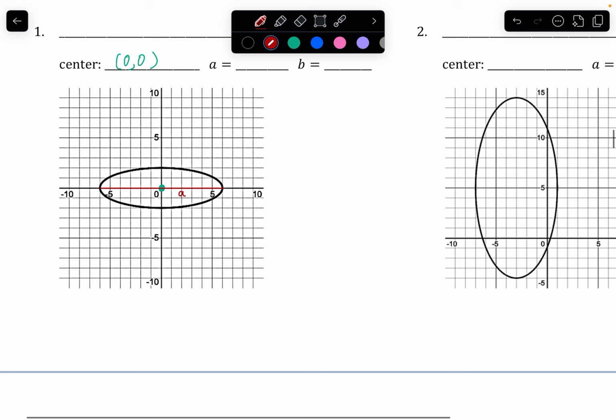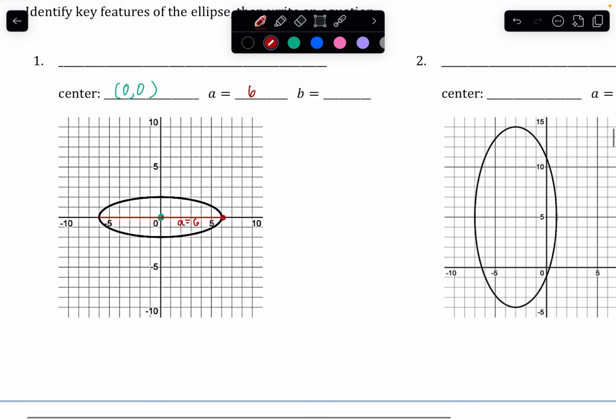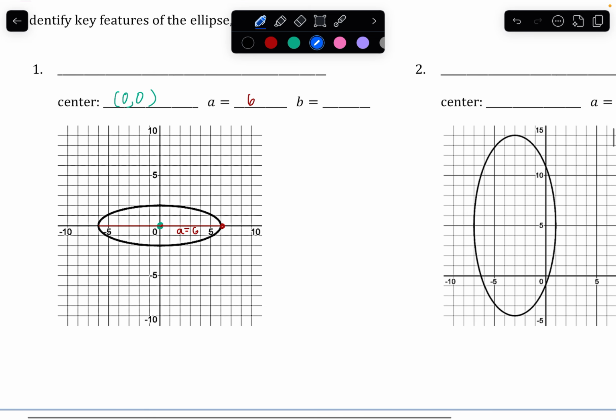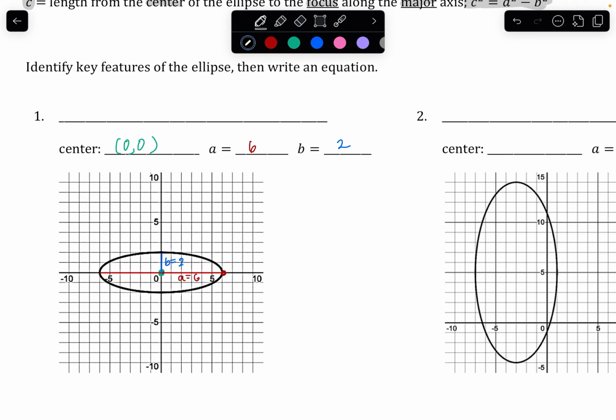And so my A value, distance to the vertex from center, is 6. So our A value is 6. That's going to be our horizontal distance, or our horizontal radius. And then our vertical radius is our B value of 2. And so that's all we need to write our equations. Since the center is 0, 0, you're just going to see an x squared and a y squared.